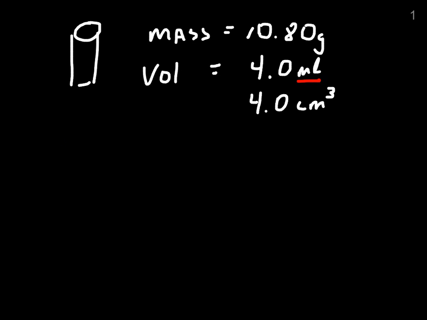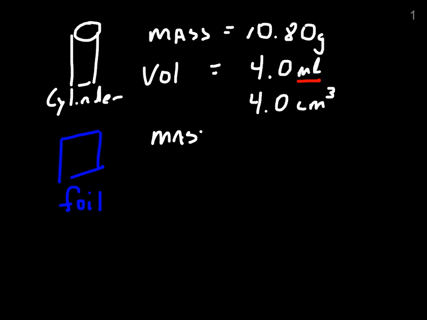Now the other piece that you had was the aluminum foil. So this one was the cylinder, and now I'm working off the foil. The pieces of information that you knew about the foil: you calculated the mass, something on the order of 0.43 grams, 2 sig figs.